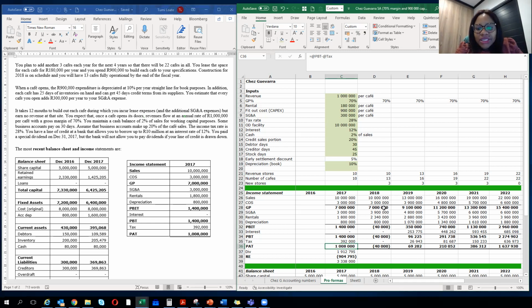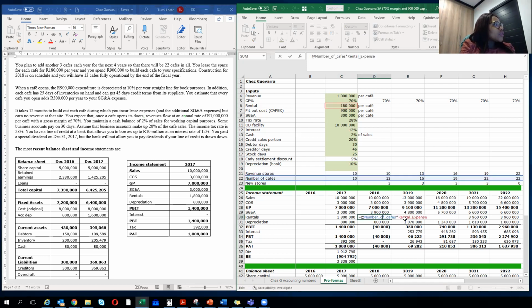Okay, so we've got the revenue still remaining the same at 10 million because those 3 additional stores are still being constructed. They haven't started bringing in revenue for us, even though we're spending on the rental of each store. So remember, we're paying 180,000 per cafe for each new store, and we have to rent it out whilst we are constructing. So you'll notice here in your rentals, what we're going to be doing is calculating the number of cafes.